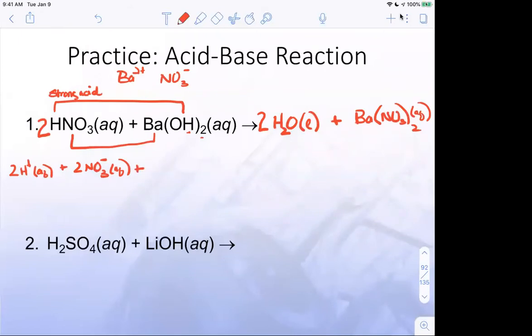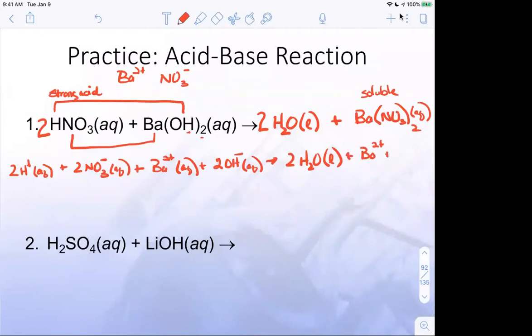And then I'm going to get Ba2 plus aqueous plus 2OH minus aqueous goes to 2H2O liquid. That stays intact. This is soluble. So I'm going to get Ba2 plus, 2NO3 minus, and I want to make sure I put those aqueous states in there as well. So this is my complete ionic.